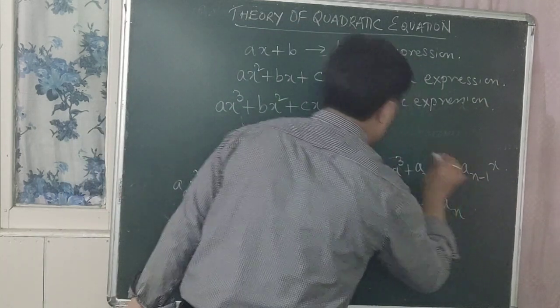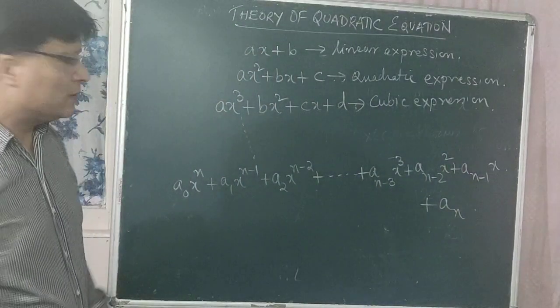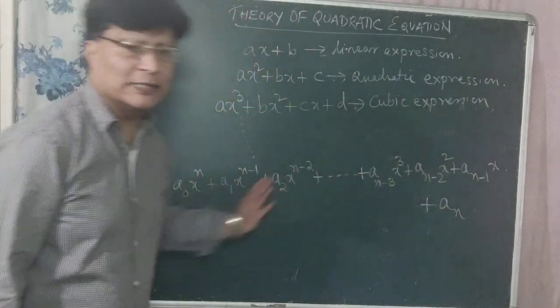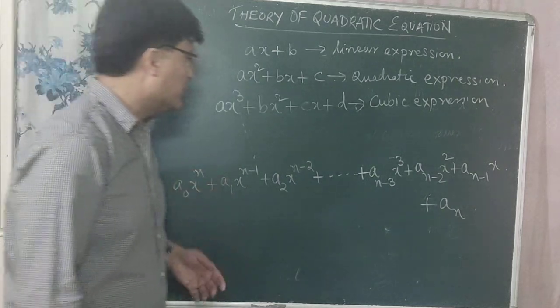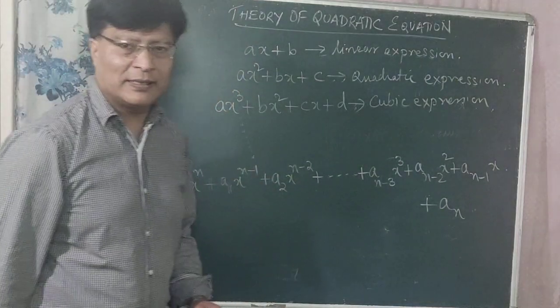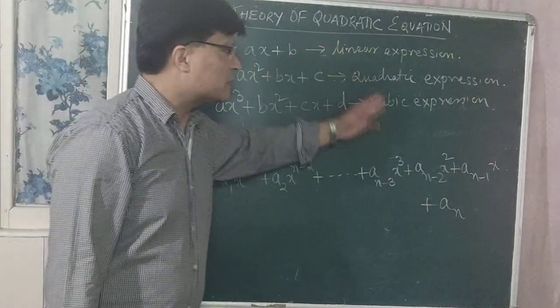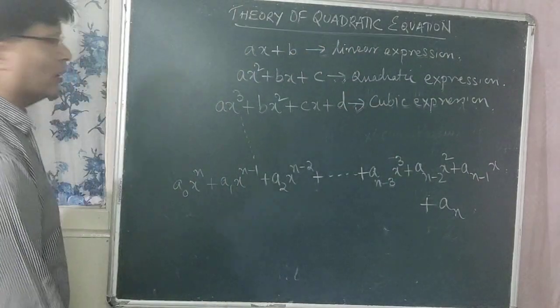It is a n. Is that clear? So this is known as the general expression in x. This expression is also known as a polynomial.